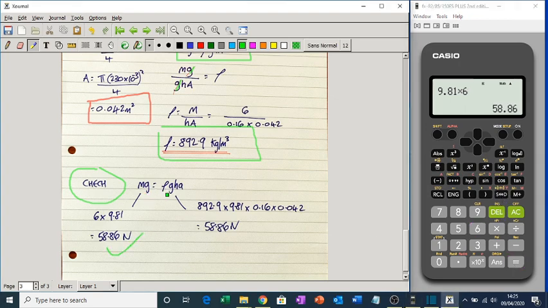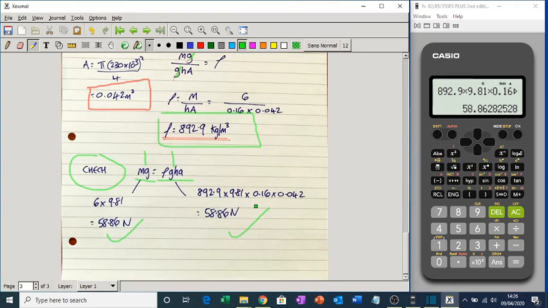And then this side should equal this side, so density, gravity, height, area: 892.9 times by 9.81 times by 0.16 times by 0.042 equals, there we are, tick, that equals that.